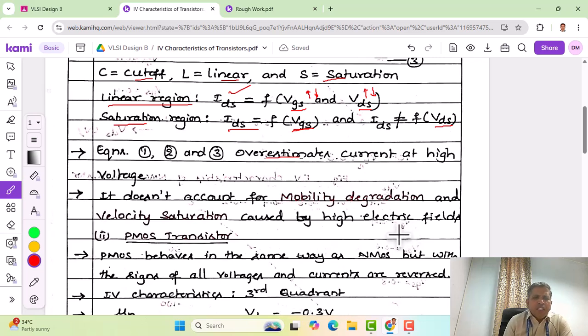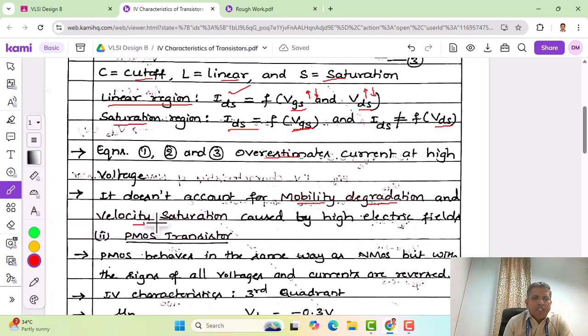And the second thing we need to consider here is that the three equations that we have shown do not account for mobility degradation. These are secondary effects which we will discuss in the upcoming videos. So this does not take care of degradation of the charge carriers due to the mobility degradation effect, and it also does not take care of the velocity saturation effect, which is mainly caused by high electric fields.